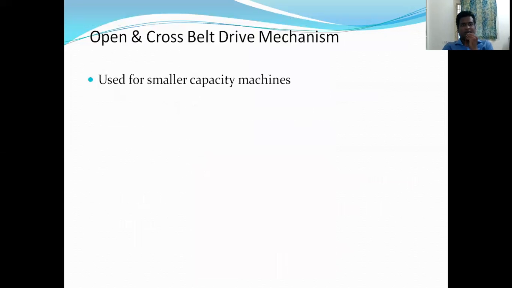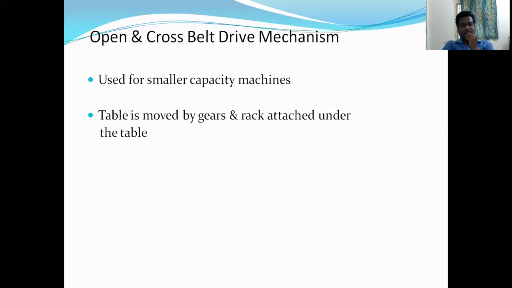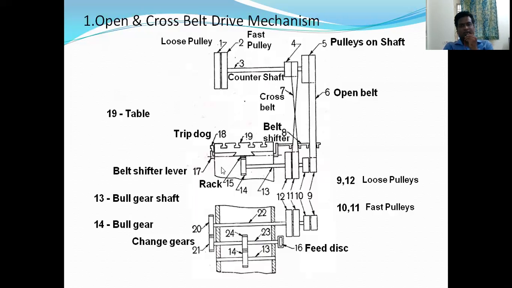The open and cross belt drive mechanism is used for small capacity machines. In this, the table is moved by gears and a rack attached under the table. So under the table, the rack and pinion is attached, and with that the table is moving.